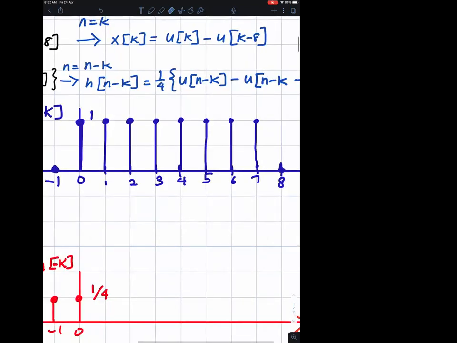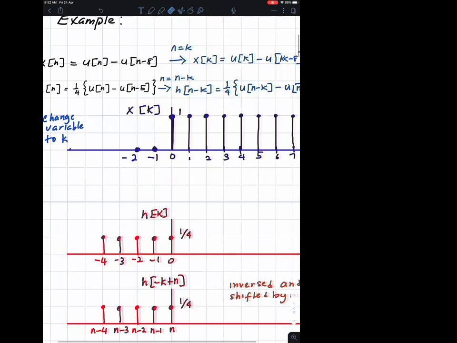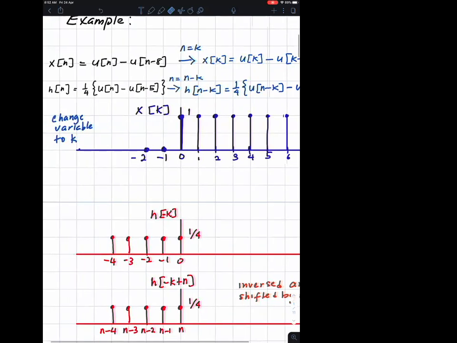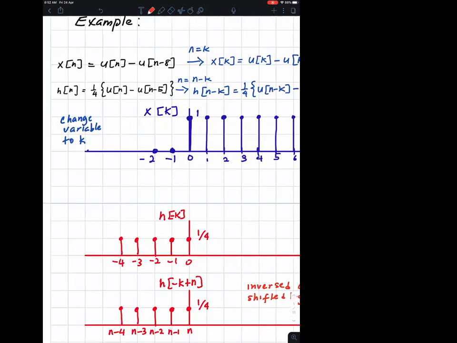What x of k is, let me... h of k, for example, is 1/4 u of k minus u of k minus 5, right?